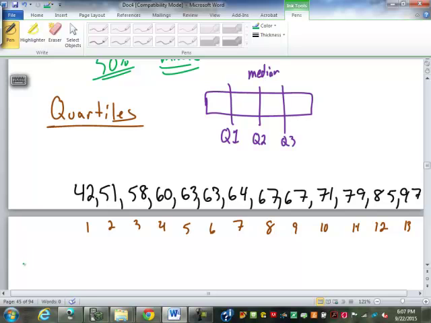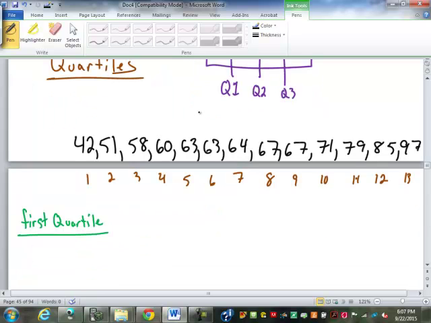To find the first quartile, sometimes called the lower quartile, the first quartile is the 25th percentile. Makes sense, right? Quarter, 25%.